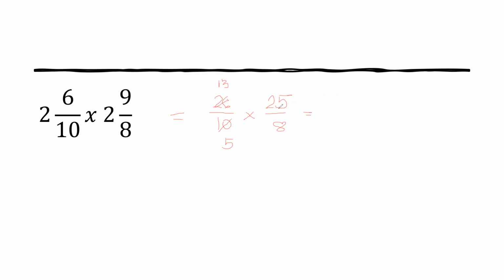Wala na. Kasi ang 25 is 5 times 5, while ang 8 naman ay 2 times 2 times 2. So walang pareho sila ng factor. So in that case, try natin ang diagonal. It will be 13 and 8. Merong kayang pwede mag-divide sa 13 at 8? Sa palagay nyo? Meron ba?